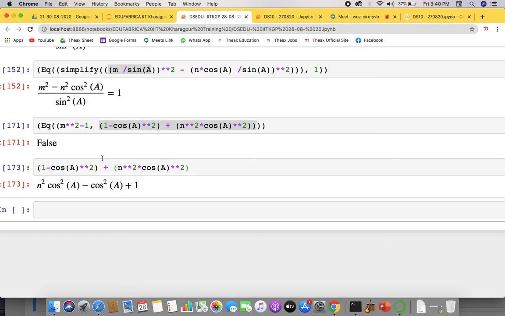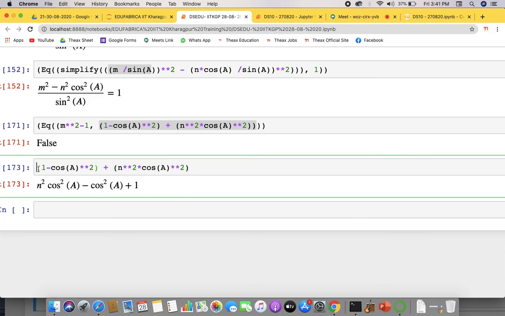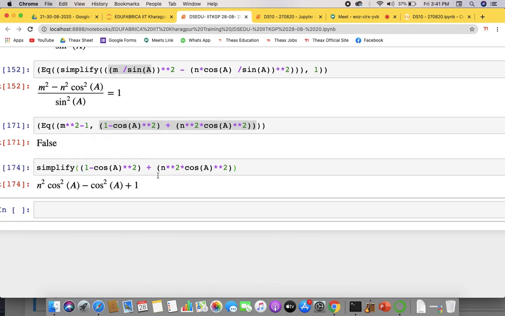N square cos square a minus cos square a and plus 1. This one is not needed, I think. If we take cos square common, simplify this. Like if we just take a cos square common from it, it would be n square minus 1. This one is not needed there. So we have taken some wrong bracket somewhere. Where is that?